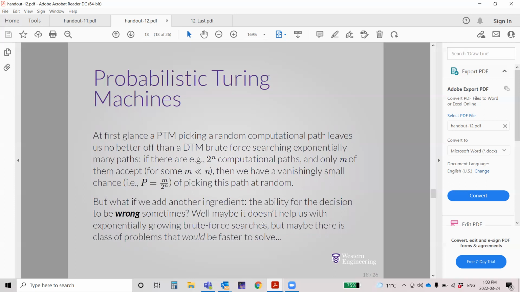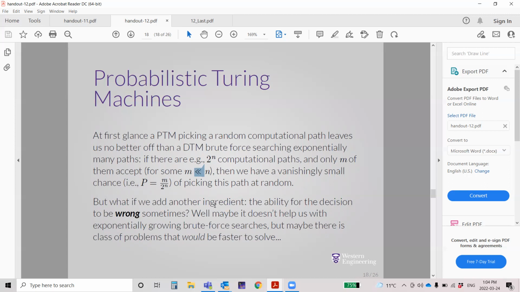So the PTM, picking a random computational path, leaves us better off than a DTM, which has a single path. If there are, for example, 2 to the power n computational paths and only m of them accept, for some m way less than n, then we have a small chance, the probability m over 2 to the power n, of picking an accepting path at random.